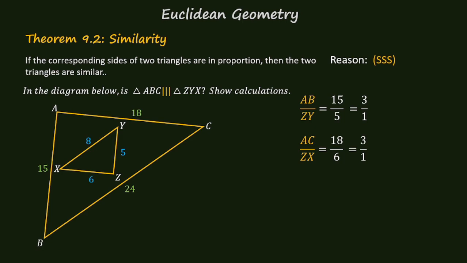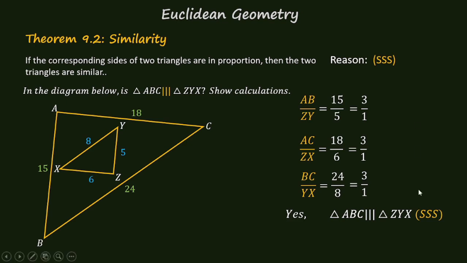If we take BC over YX, that gives us 24 over 8, which simplifies to 3 over 1. Now, when we make ratios of all the corresponding sides of the two triangles, they all give us the same ratio, which is 3 over 1. Therefore, we can conclude that the two triangles are similar to each other. And the reason is side, side, side.